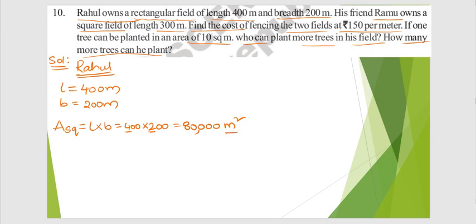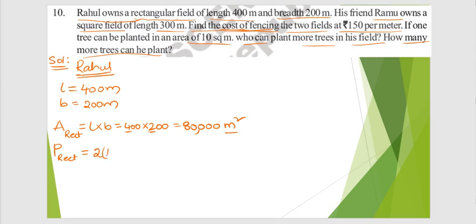Next, since he is asking about cost of fencing also, for finding out cost of fencing, I need to find out, sorry, here it is not area of rectangle, right? Here perimeter of rectangle. Since the shape of Rahul's field is rectangle, we need to talk only about rectangle.